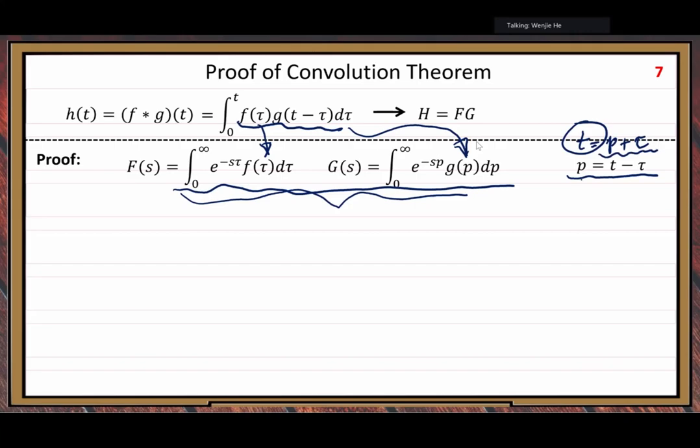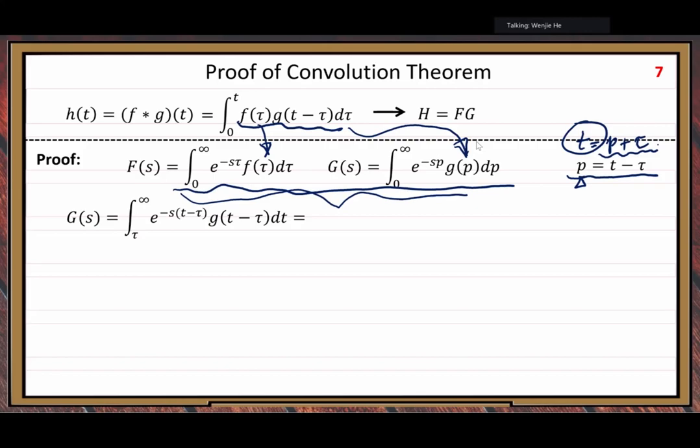Then we can replace p by t minus tau. So in the second integral, we do the variable substitution. Let's write it carefully. But when we do variable substitution, we need to change the integral limits.